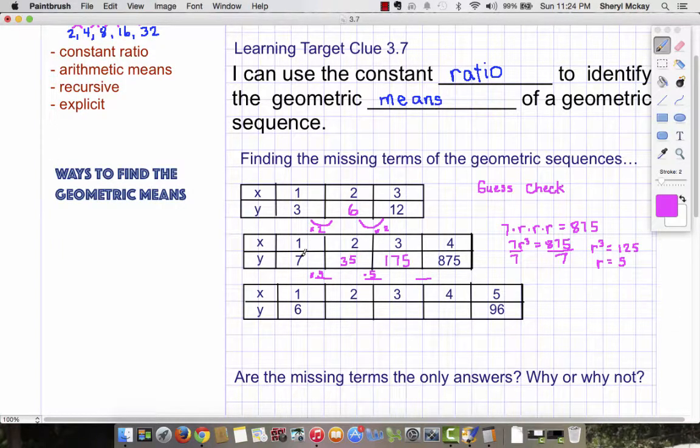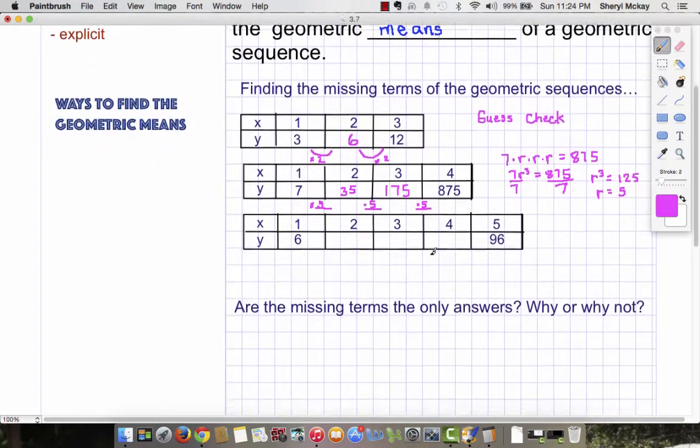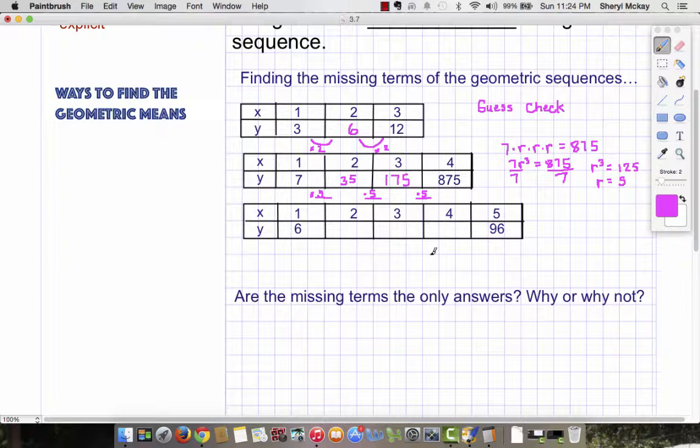So I've got 7 times 5 is 35, 35 times 5 is 175, and 175 times 5 is 875. So let's use that same idea and see if we can figure out what our constant ratio is for this next one.